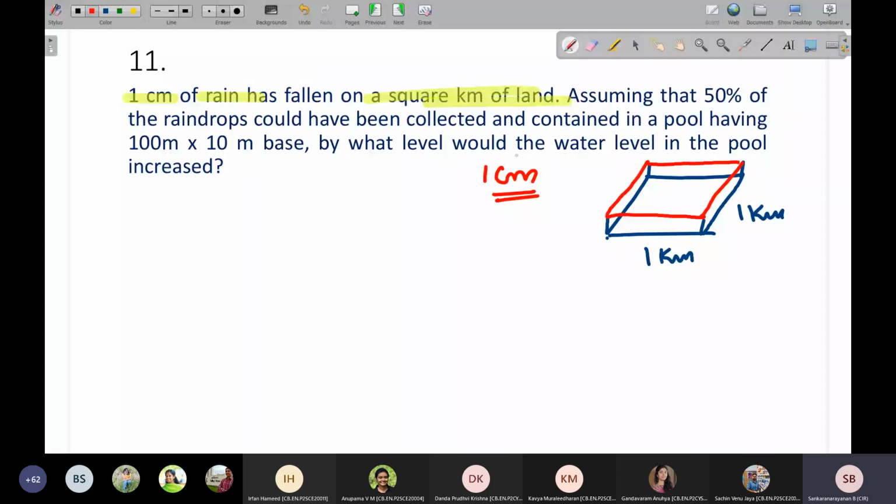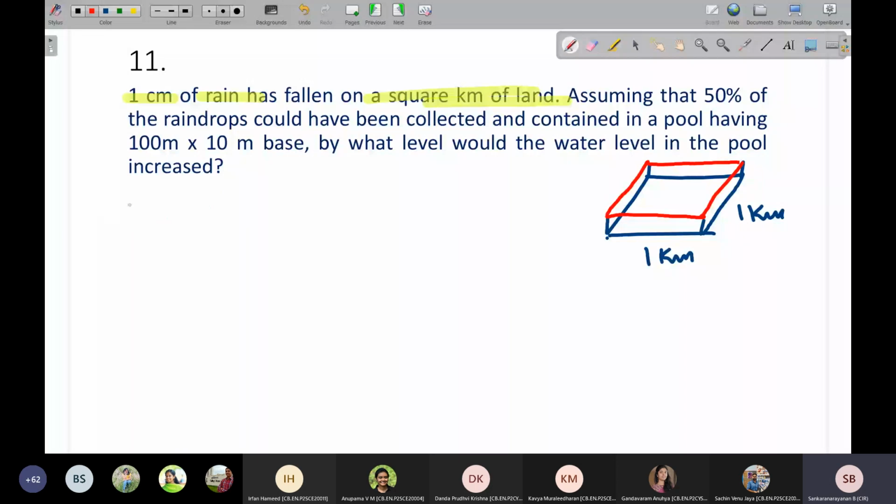Now, let us find out the volume of rainfall that happened in this area. You know volume is equal to length into breadth into height, that is, base area into height. So the volume of water that fell in this place corresponds to 1 kilometer into 1 kilometer into 1 centimeter.